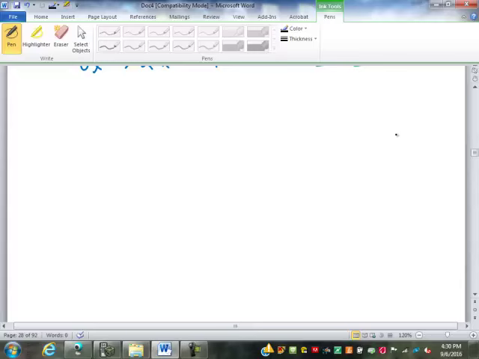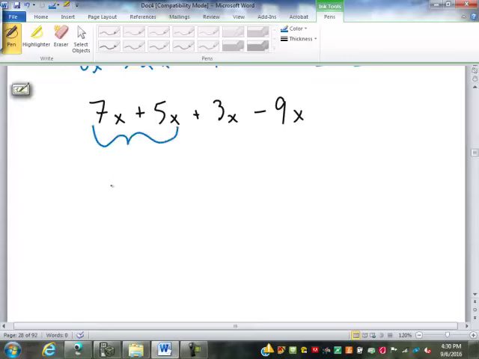Let's look at addition and subtraction a little more closely. Looking at something like this is just an order of operations problem. All of these are addition and subtraction, so we're just going to go left to right. 7x plus 5x is 12x.